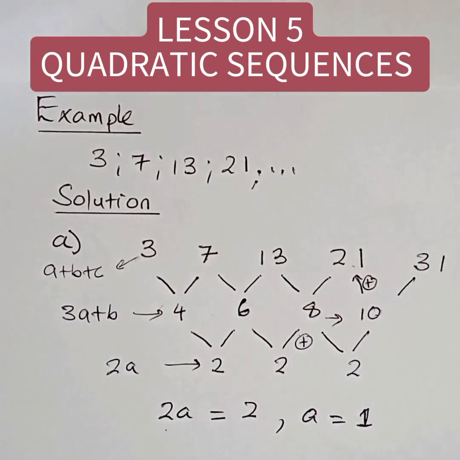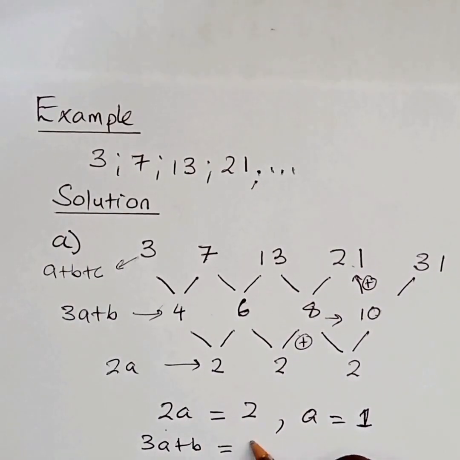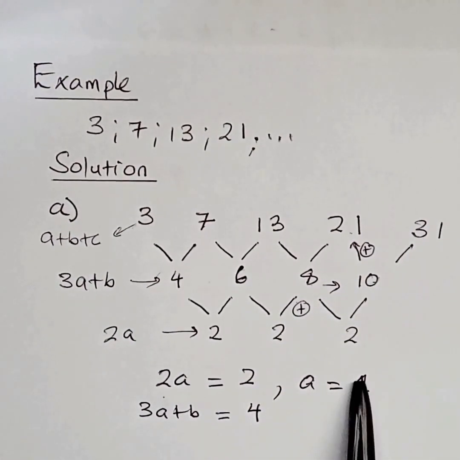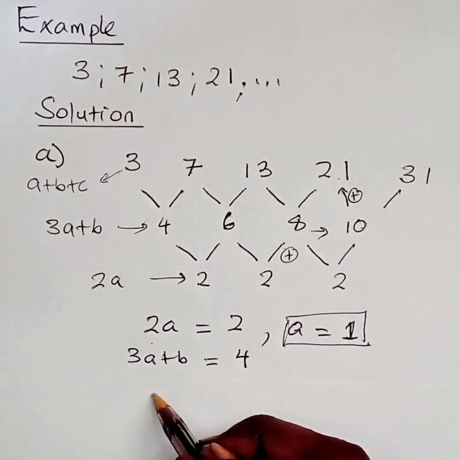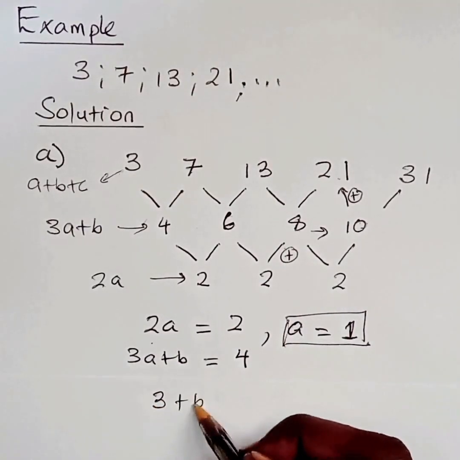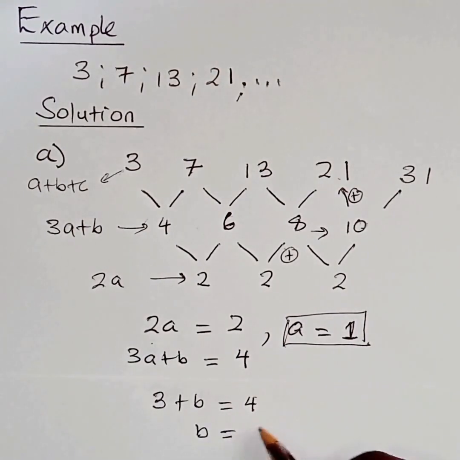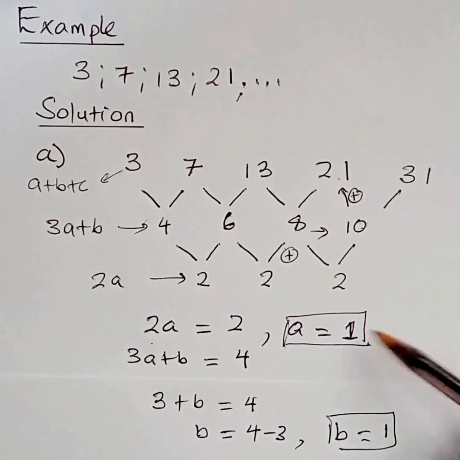Then we move on to 3A plus B, which is equal to 4. We've just got our A, which is 1, so we put it there. So we have 3 plus B is equal to 4, and B is equal to 4 minus 3. Then B is equal to 1. We have found A and B.